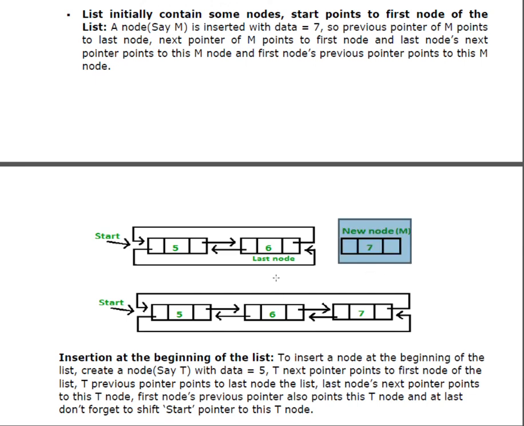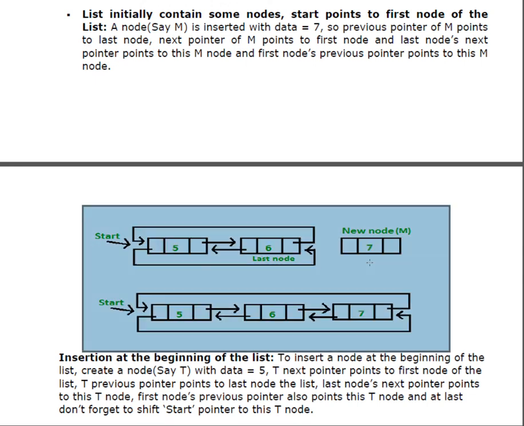And this is our existing linked list, and we have to insert this new node. So this pointer will be cancelled from here and will be at this position, and this part will contain the address of this new node.